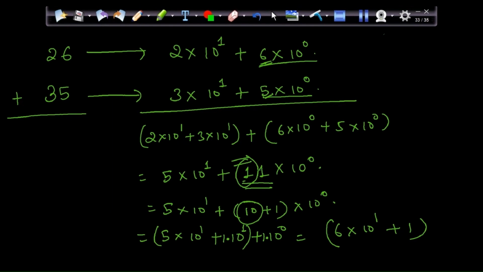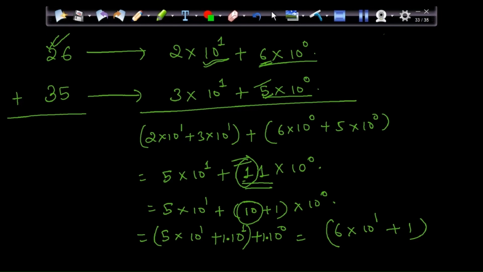Okay, at the ones place there is a digit which is 6, then the value is 6 into 10 to the power 0. At the ones place you have 5 here, so the value is 5 into 10 to the power 0. Here at the tens place we have 2. Our weight at the tens place is 10 to the power 1.